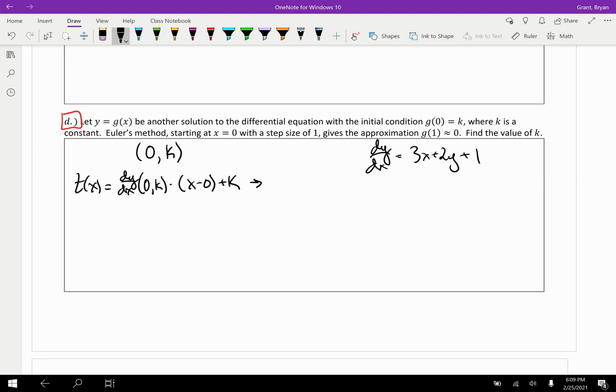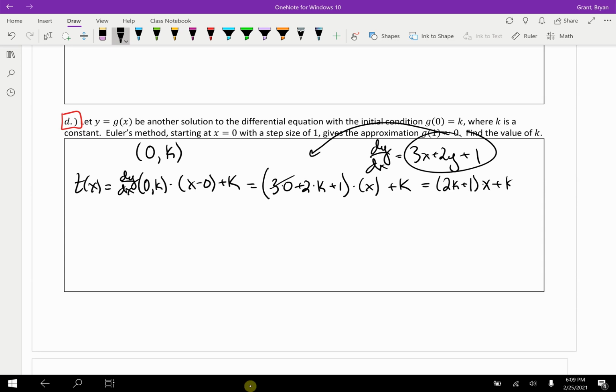I'm going to work to the right here just so I don't run out of room. 0, k. Well, I'll just take this whole thing and use that as the slope then. So that's going to be equal to, let's see, 3 times 0 plus 2 times k plus 1 times x minus 0 is just x plus k. And cleaning this up even a little bit further, I see 2k plus 1 times x plus k.